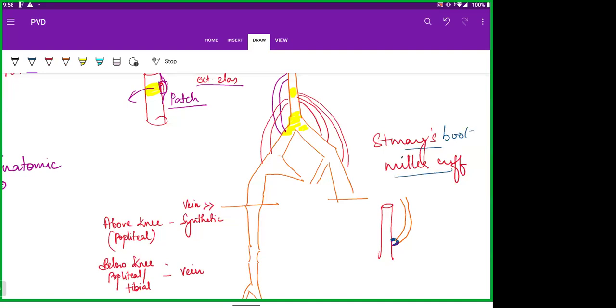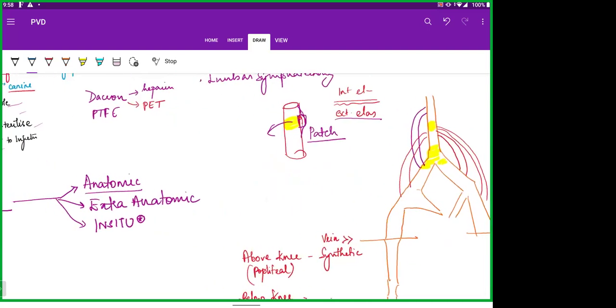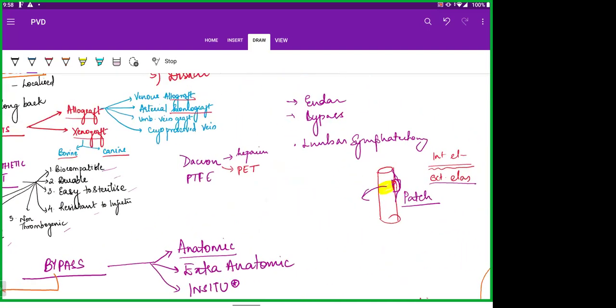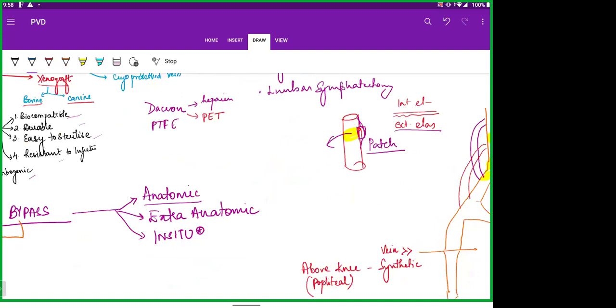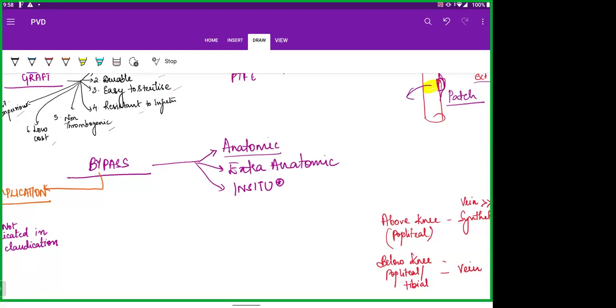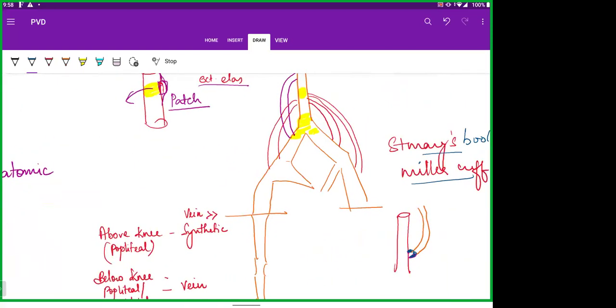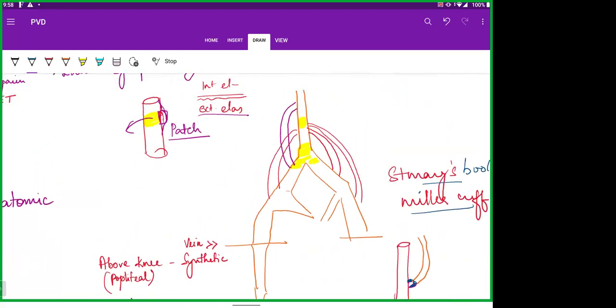Now, talking about bypass, there are anatomic and extra anatomic bypass procedures. Anatomic is when it goes according to the level of occlusion. For example, as I told you before, if there is an aortic occlusion, you bypass it from the proximal to the distal segment.